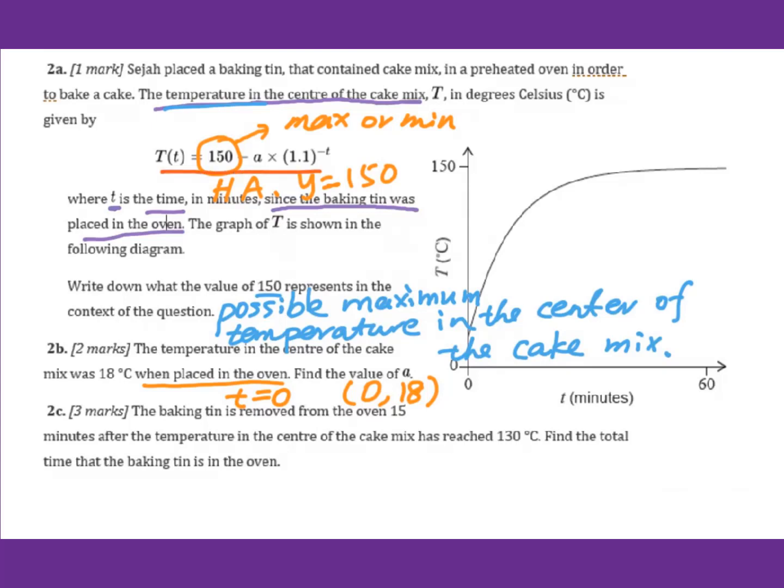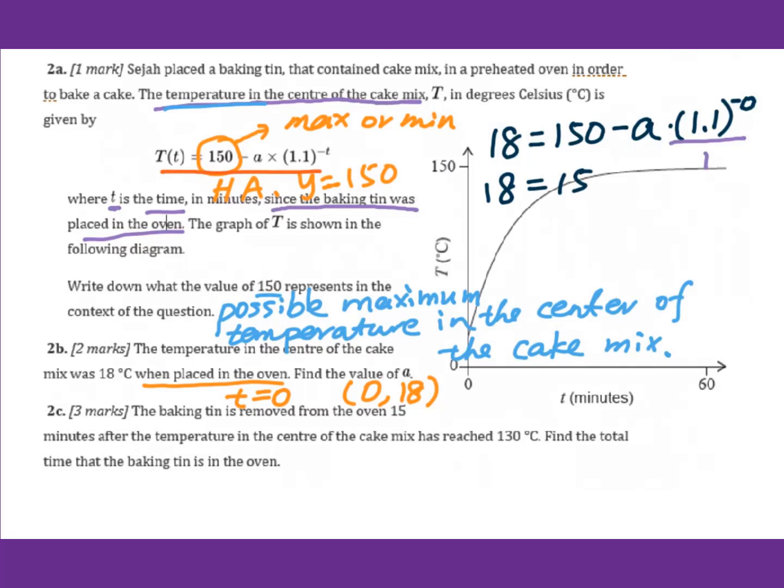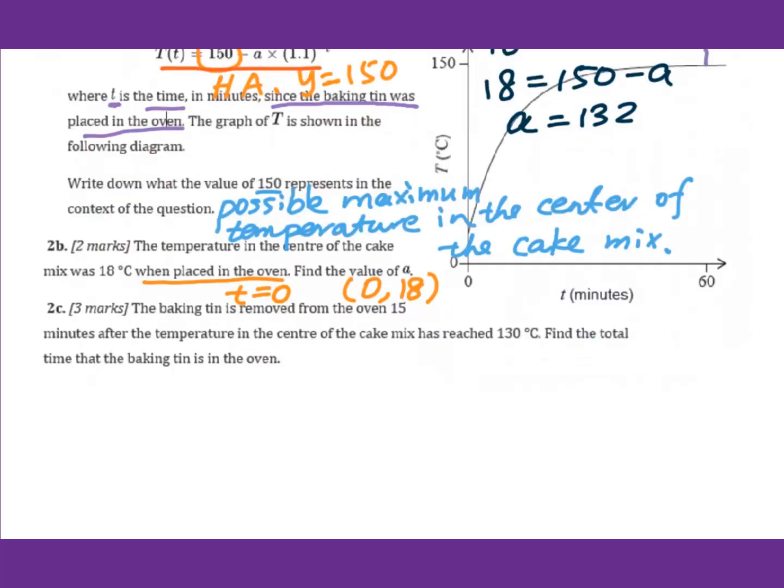You will get 18 equals 150 minus A times 1.1 to the negative 0 power. The value for that equals 1. Therefore, 18 equals 150 minus A. So A equals 132.